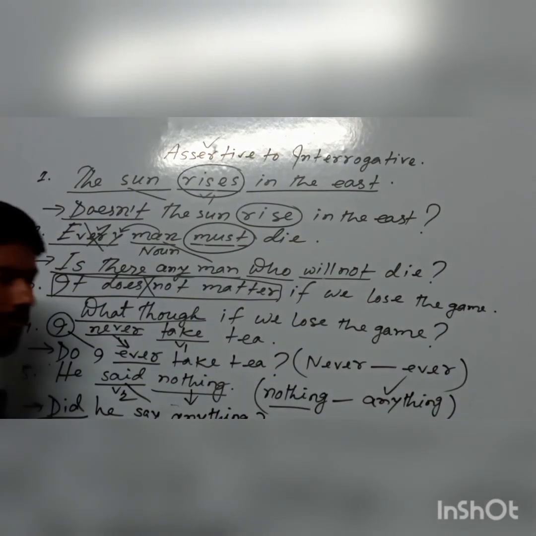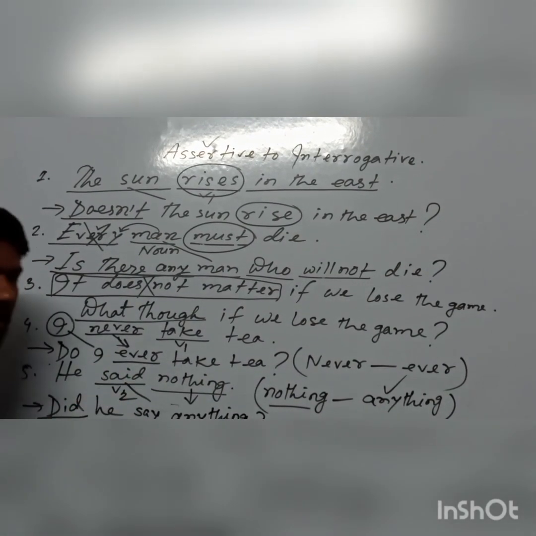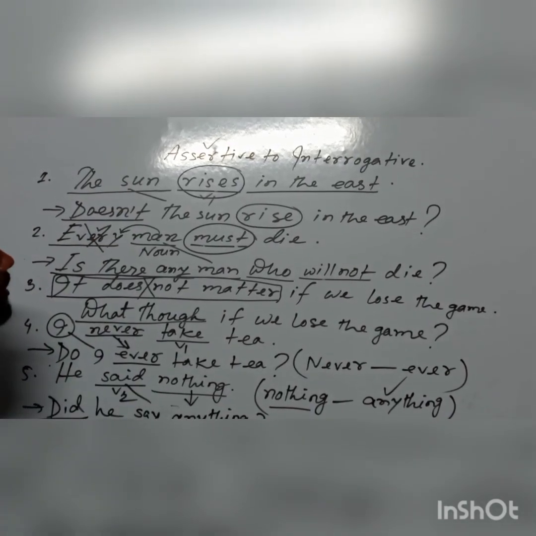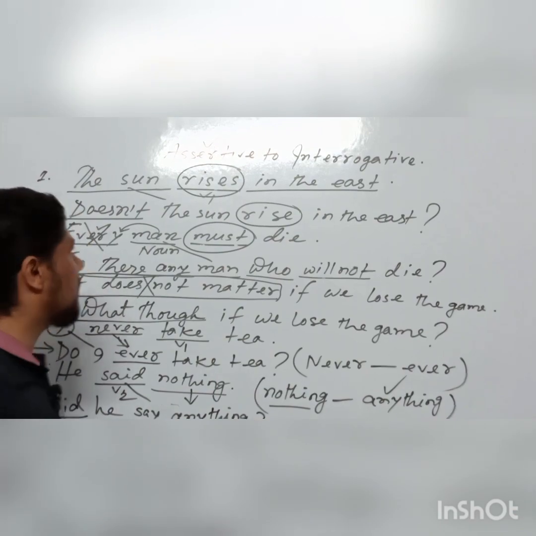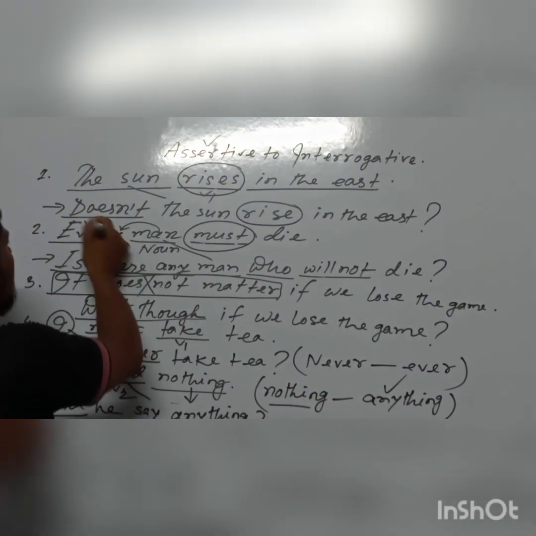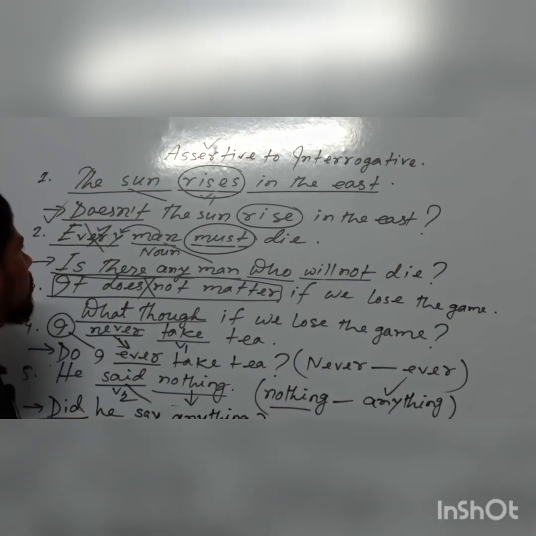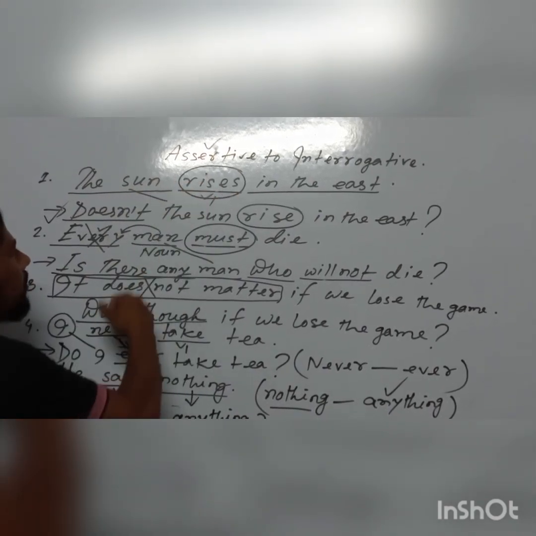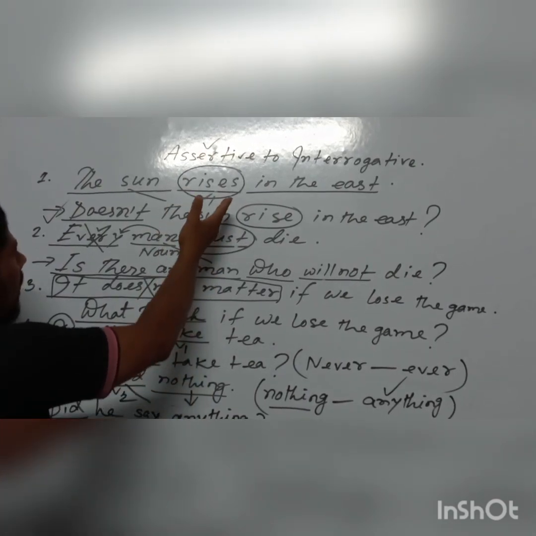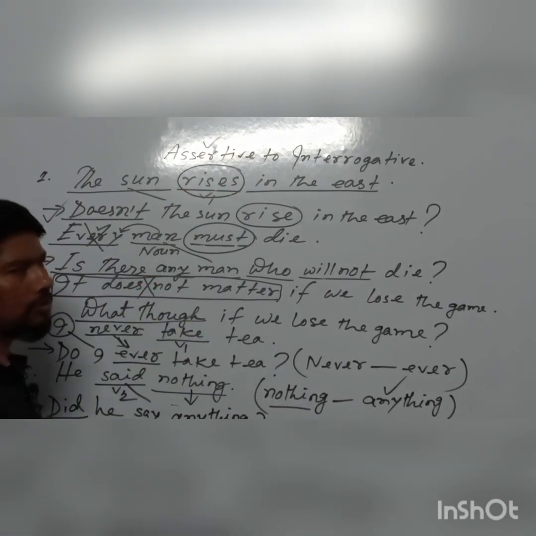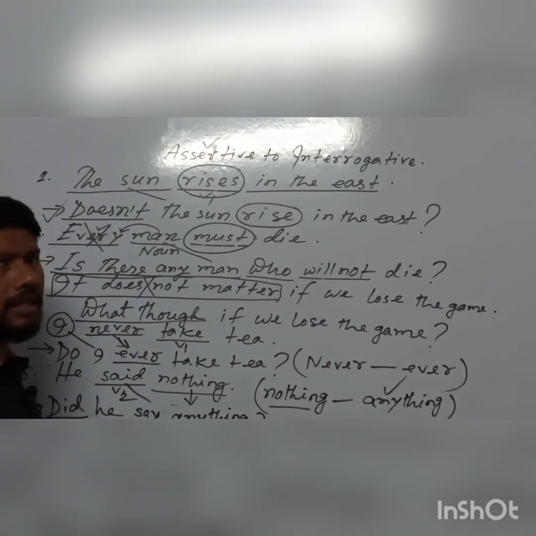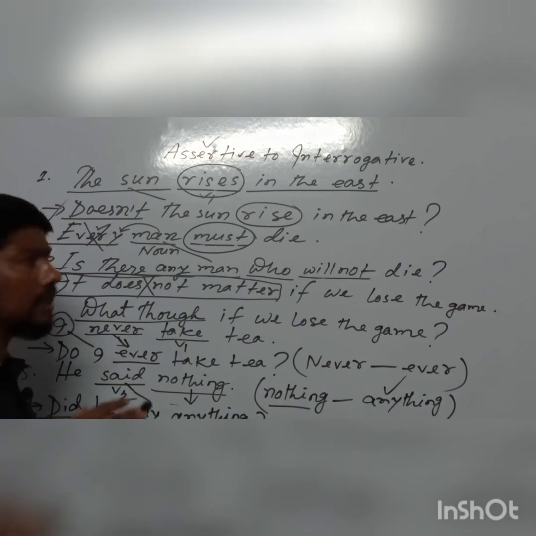So dear viewers and dear learners, look at the sentences, and I am recapping again so that you can understand it better. If we find a universal truth, we have to make it negative plus interrogative, and to do so, if there is no helping verb, just take do, does, or did according to tense. As you know, a universal truth always indicates present indefinite tense, so there is no talk of taking did.